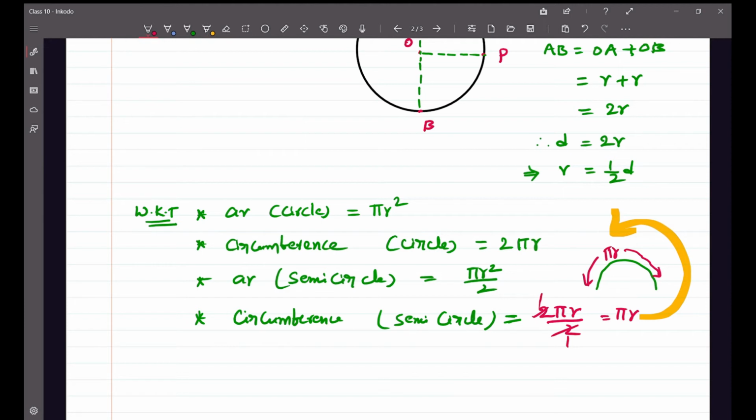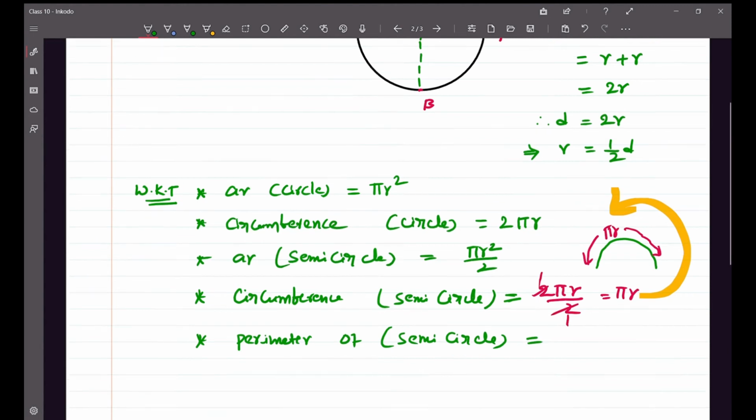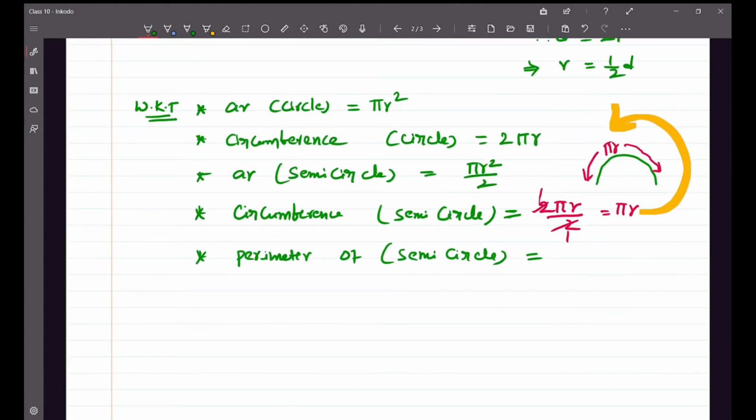Next, perimeter of semicircle is equal to, see, let me take one figure.